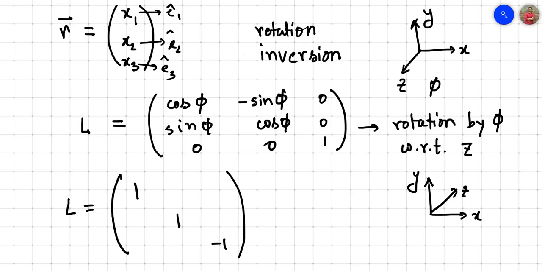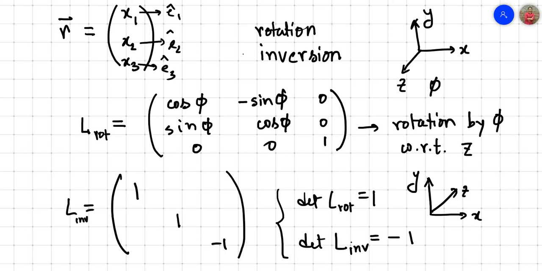So notice that if I denote this by L rotation and this by L inversion, then the determinant of L rotation is simply 1, and the determinant of L inversion is simply minus 1. Now this is a very important characteristic. I'd like you to know what these two expressions mean.